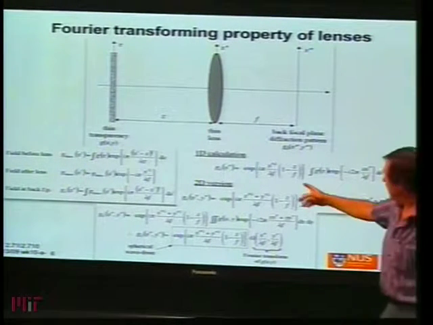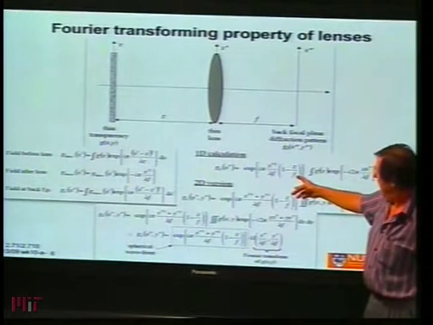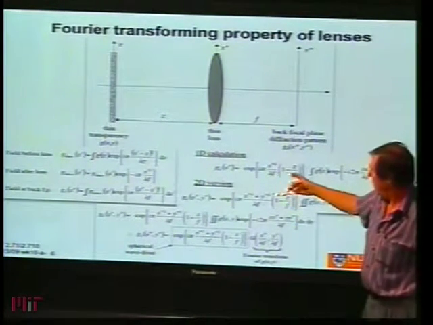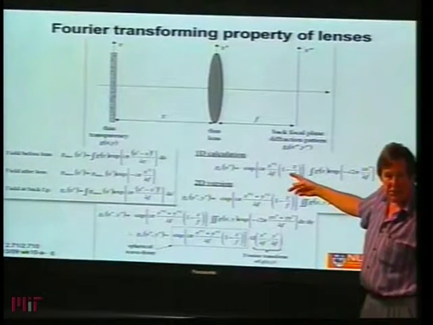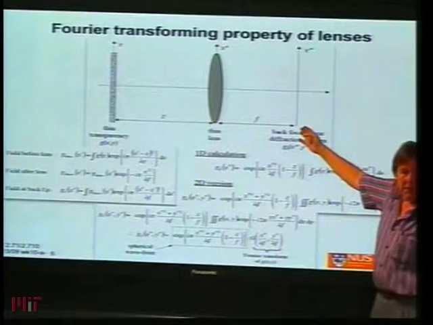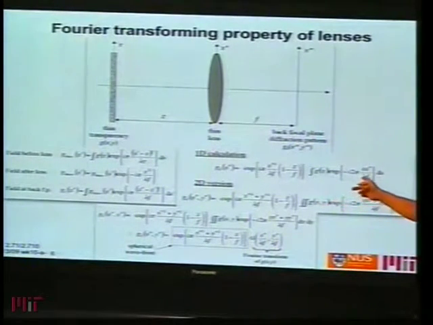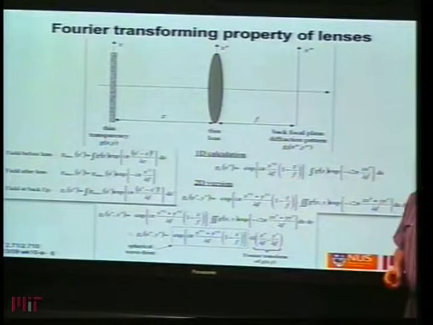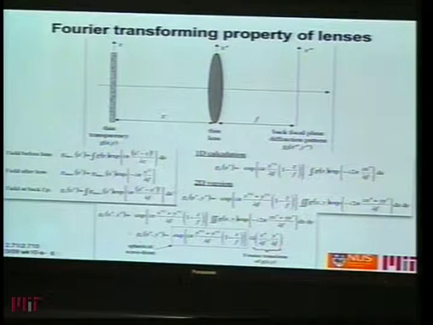If you haven't got z equals f, though, then you can see that you have got this phase factor. So you don't actually get exactly the Fourier transform in this plane in that case. You get the Fourier transform multiplied by this phase factor. That can be important in some cases. It's something that you need to take into account.